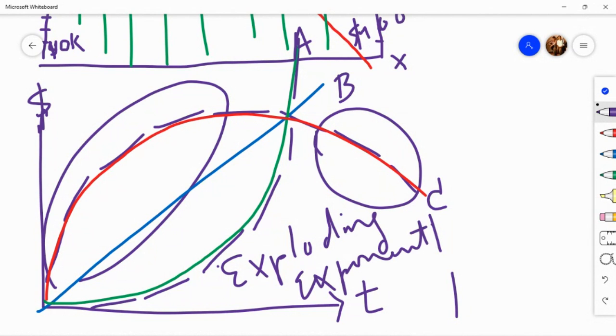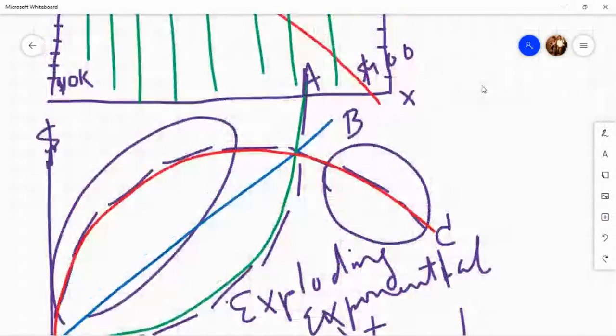Whereas this is growing, but at a decreasing rate, and then it is decaying. Anything that decays will eventually die. And then think about it.